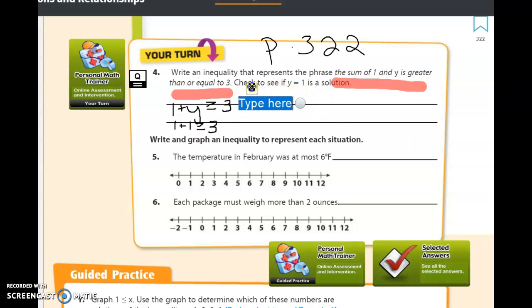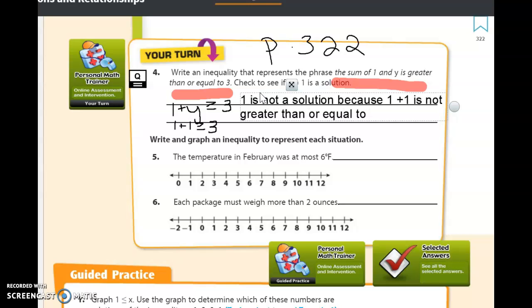So if we're going to type our answer in here, we would say 1 is not a solution because 1 plus 1 is not greater than or equal to 3.